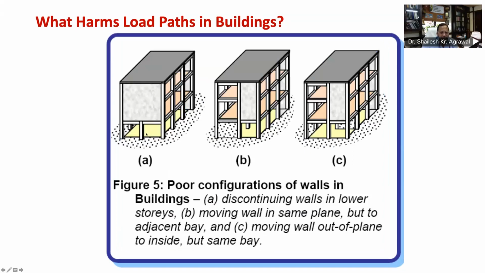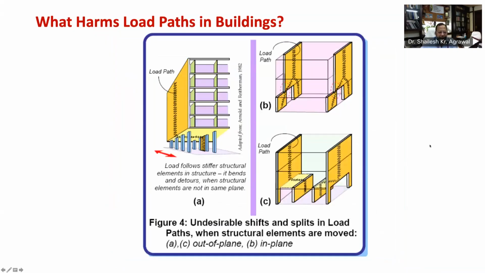Sometimes in the lower story of a building, shear walls are discontinued completely, as you can see in this figure 5A. 5B shows where the shear wall is discontinued and moved in plane, whereas figure 5C shows the shear wall is discontinued and moved out of plane. It can be better understood by this figure 4 as well.